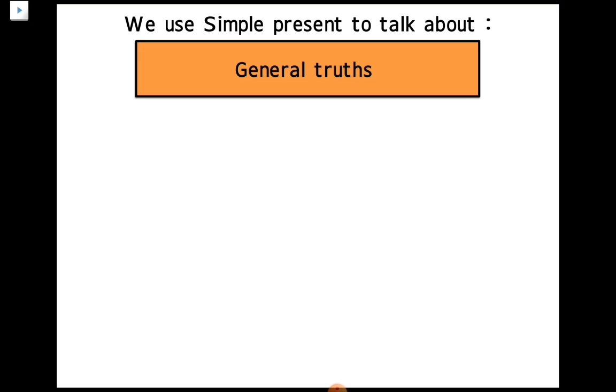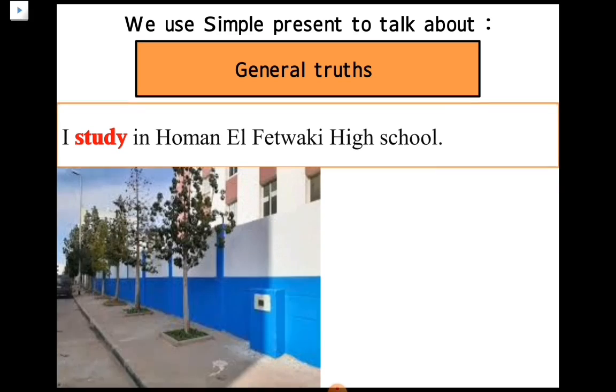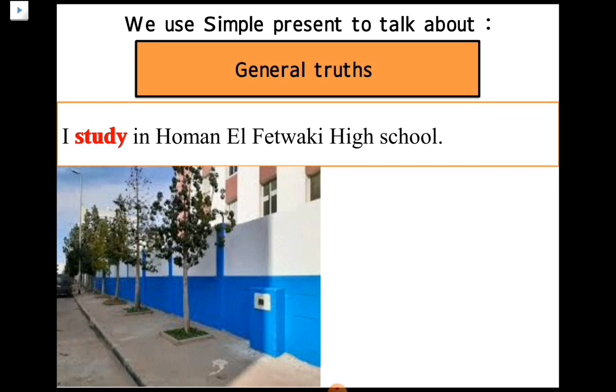What is a general truth or general truths? General truth is a reality, something real, or I want it to be real. Like, for example, I study in Hummal Ftwaki High School. This is a truth. I'm giving you real information about myself.